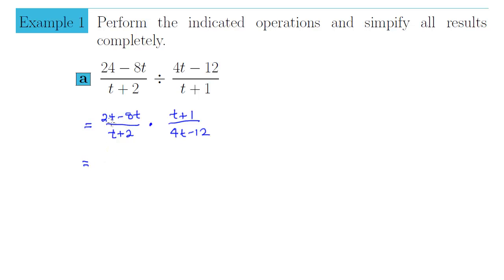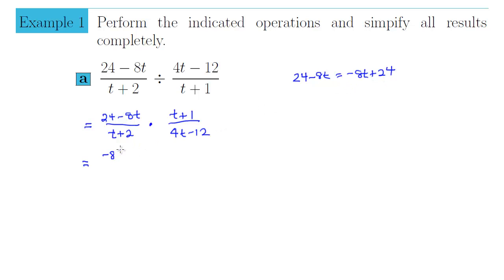Now, as I'm looking at this term here, I'm going to put it off to the side. Remember, 24 minus 8t can be written as negative 8t plus 24. I always like to put my coefficients, my variable terms first. And when I do that, I'm going to take out a negative 8. So I'm going to factor out from the top a negative 8.